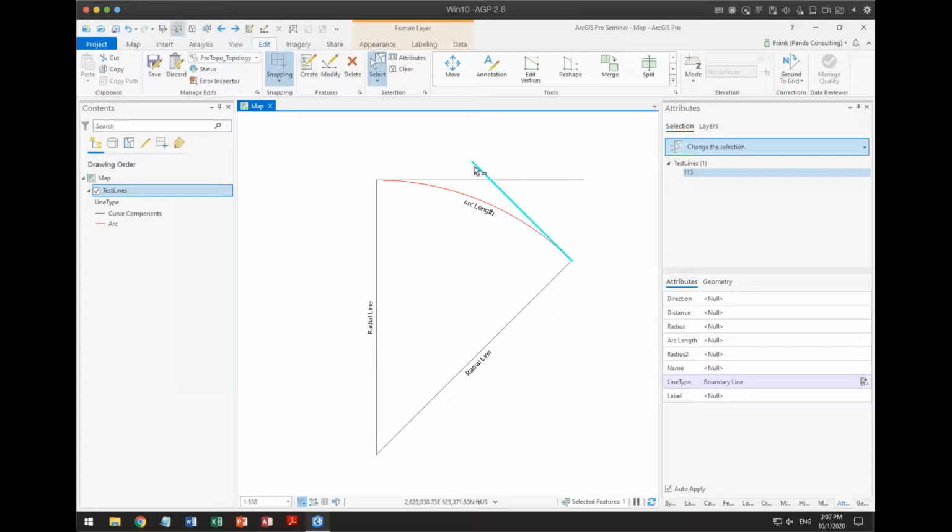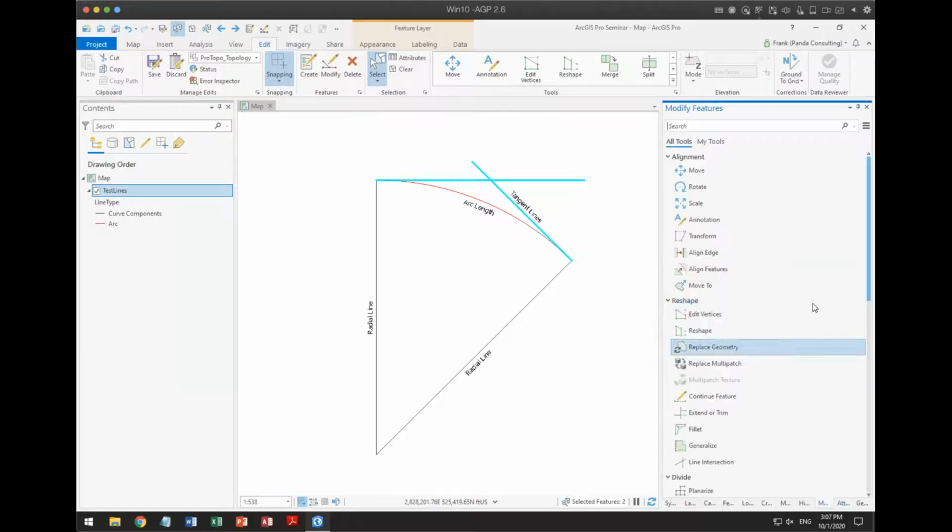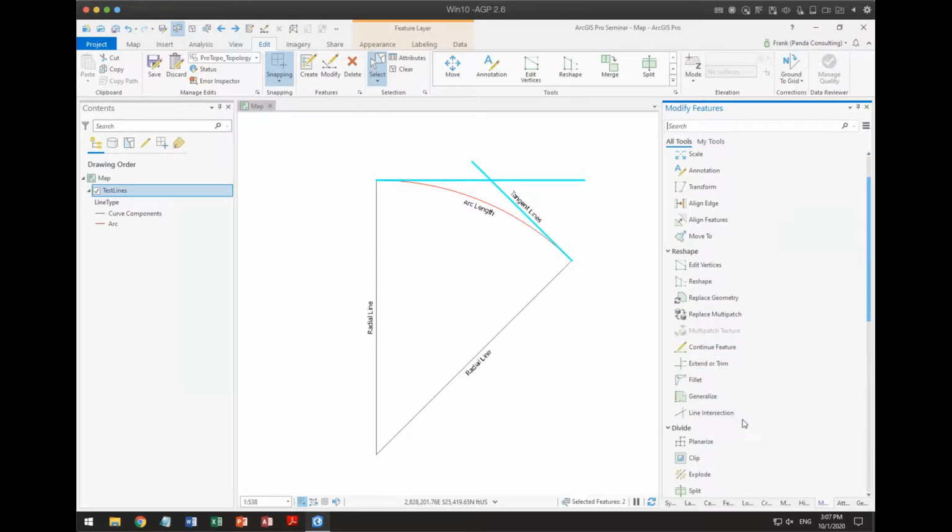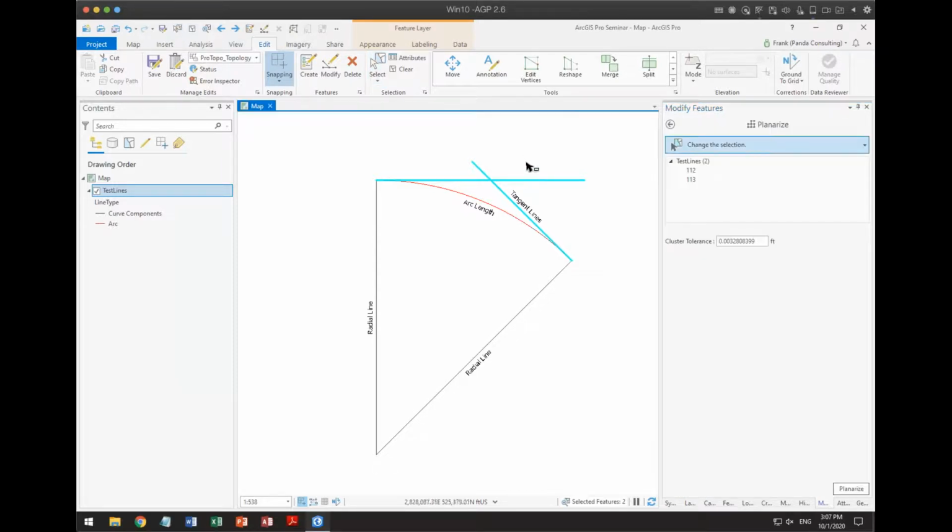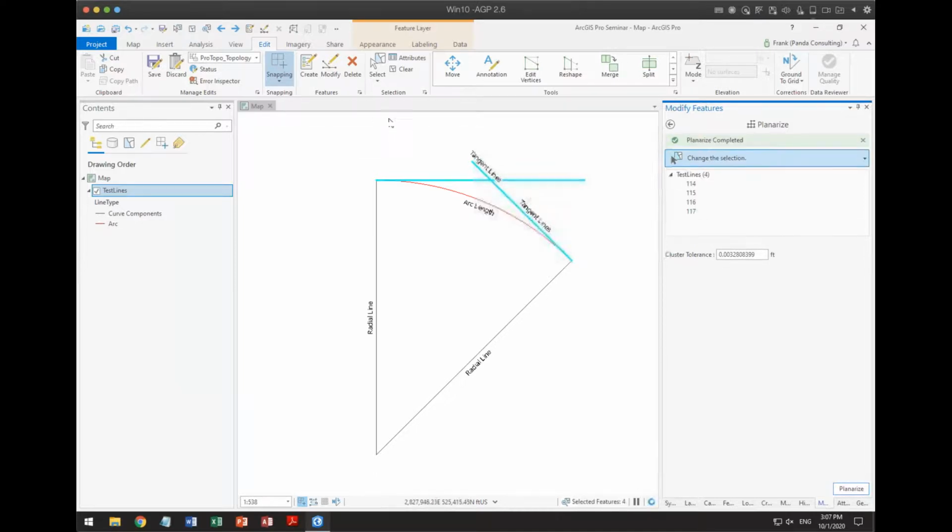Let's go and take both of these, and these are called tangent lines. Let's also planarize or intersect these and get rid of the other elements on here.